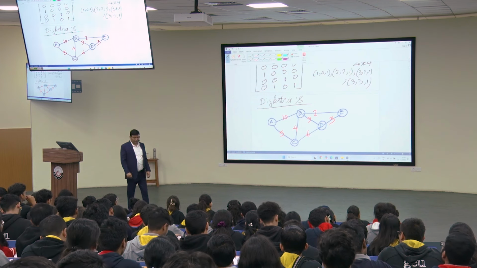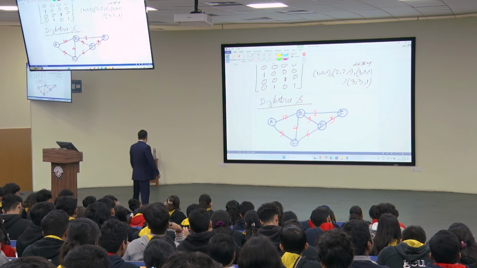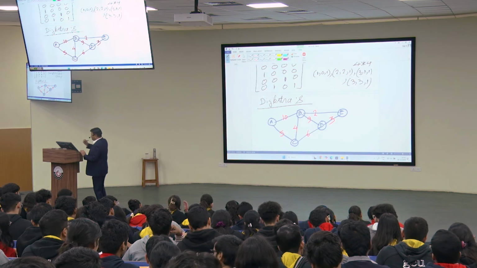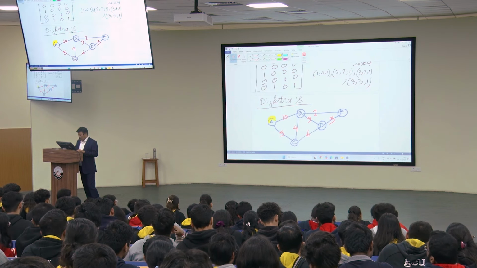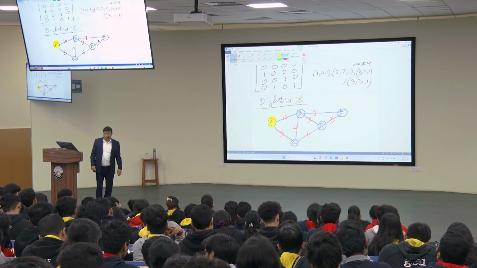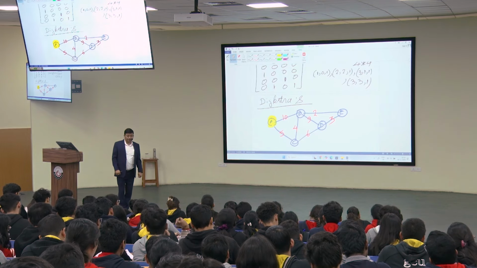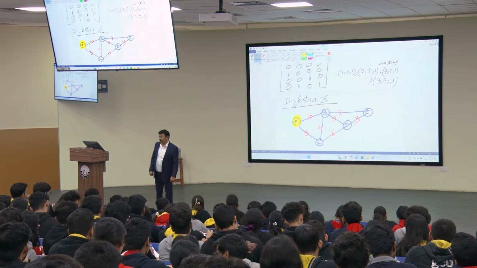And our source node is A. A is our source node, and we want to find the shortest distance to all other nodes from the source node.